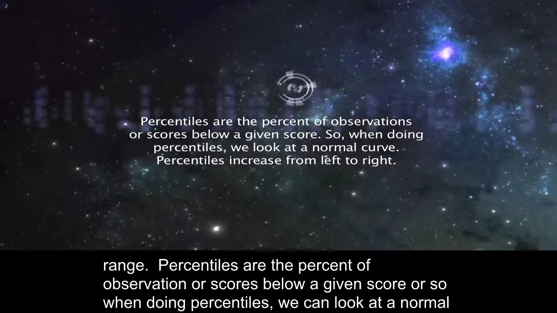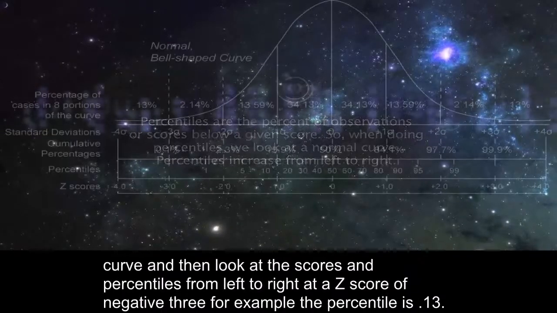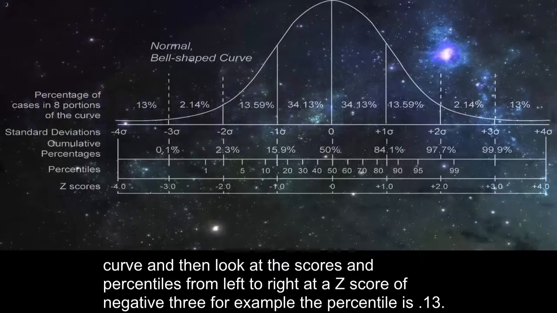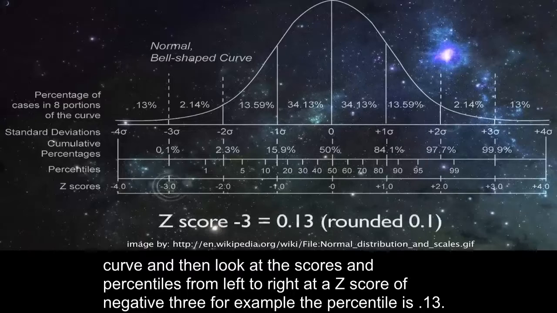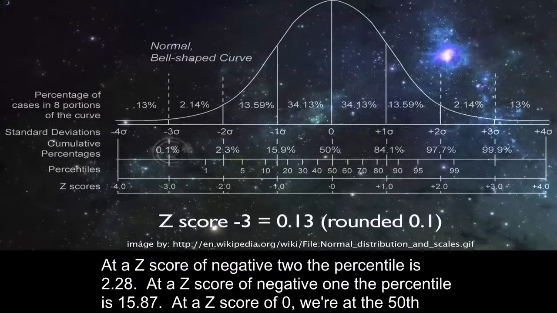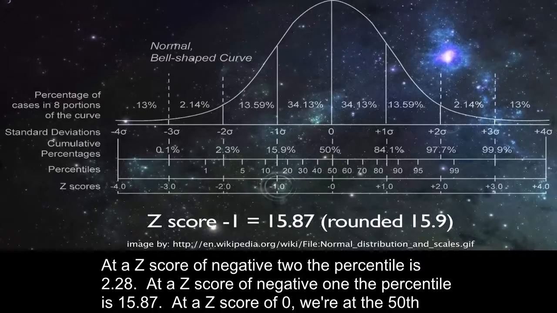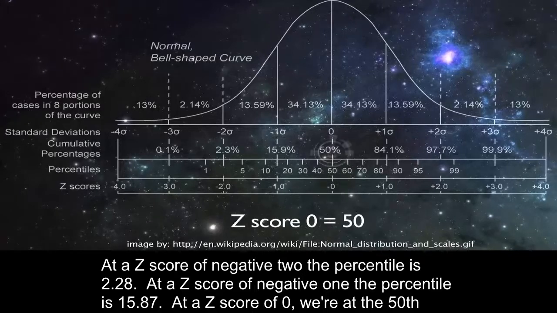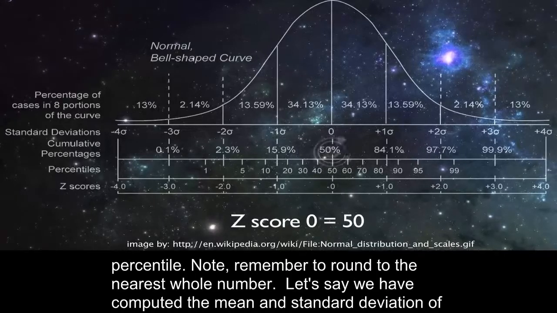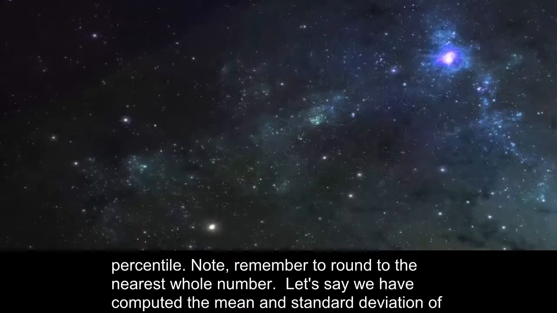So when doing percentiles, we can look at a normal curve and then look at the percentiles from left to right. At a z-score of -3, for example, the percentile is 0.13. At a z-score of -2, the percentile is 2.28. At a z-score of -1, the percentile is 15.87. At a z-score of 0, we're at the 50th percentile. Note, remember to round to the nearest whole number.